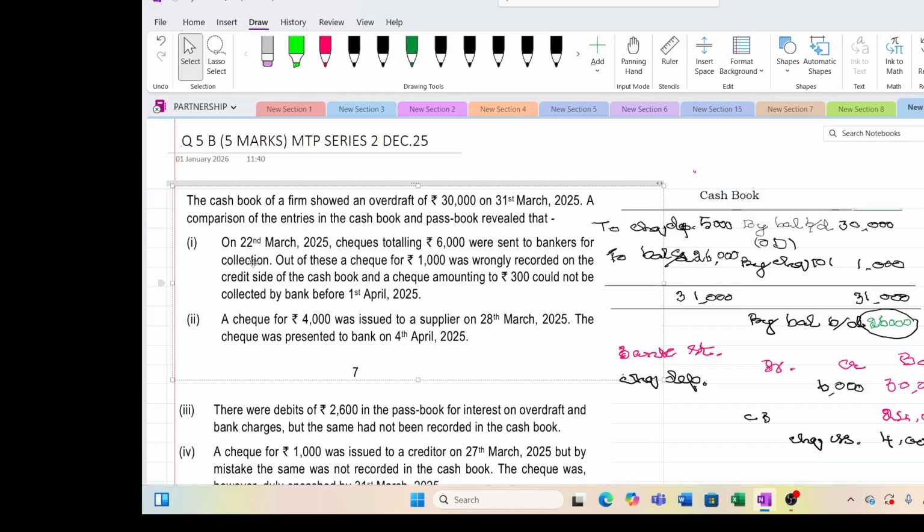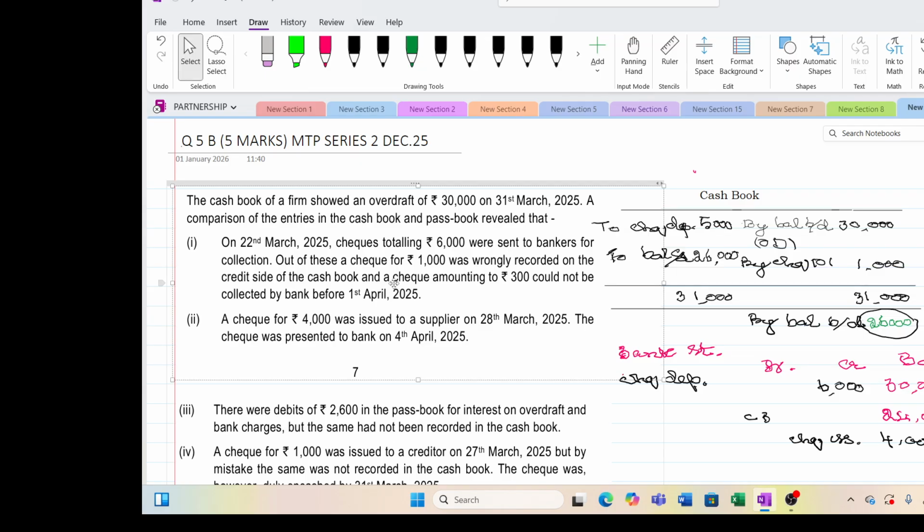And the first point they are saying is that on 22nd March 25, checks totaling 6,000 were sent to bankers for collection. Out of these checks, 1,000 was wrongly recorded on the credit side of the cash book.